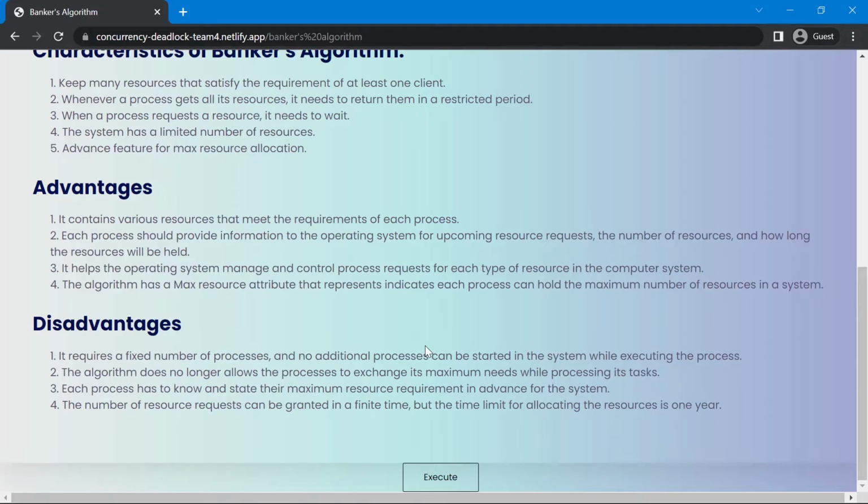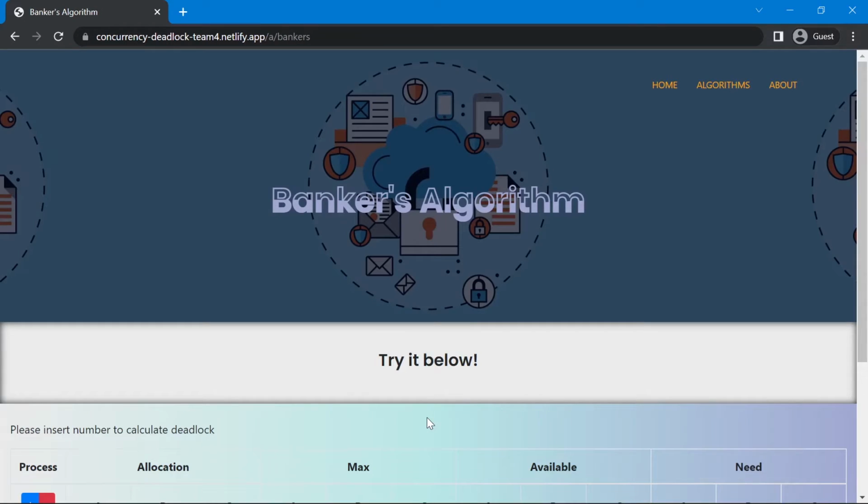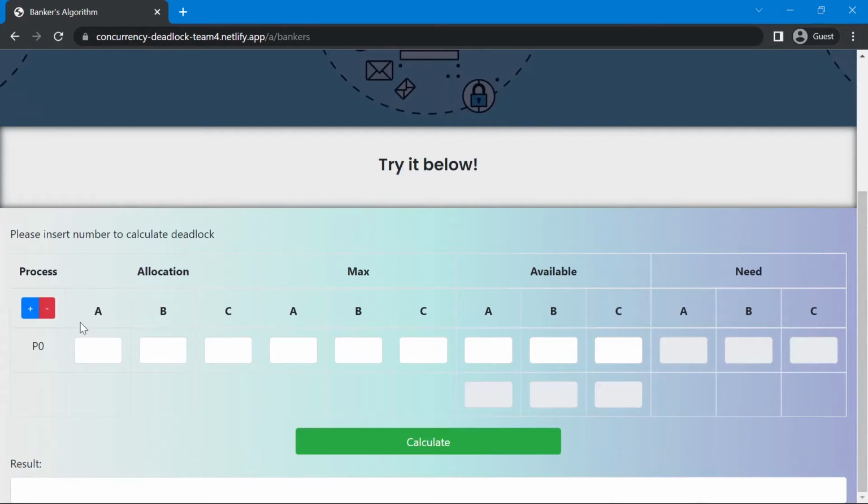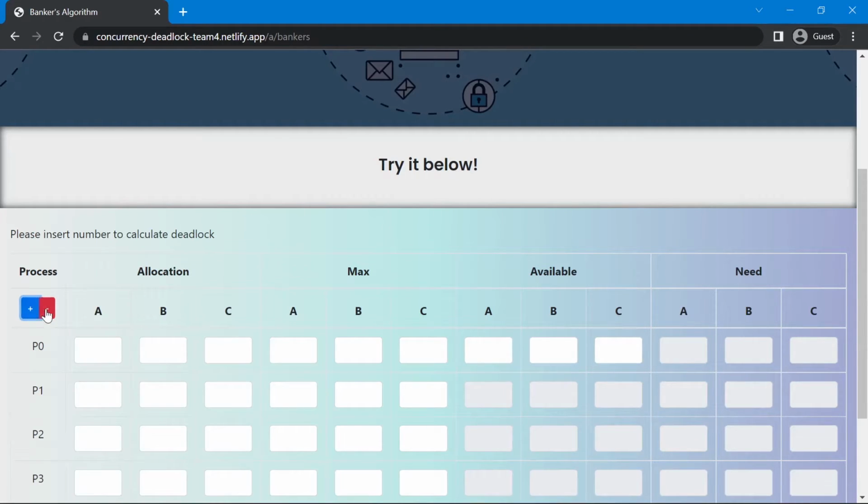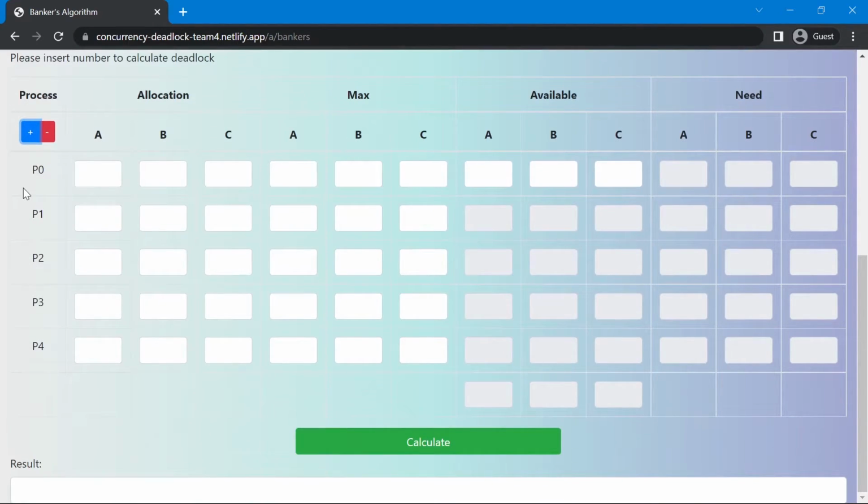Let's execute our algorithm. Here we can add a process by using the plus sign and delete a process using the minus sign. We will calculate the safe sequence for 5 processes.